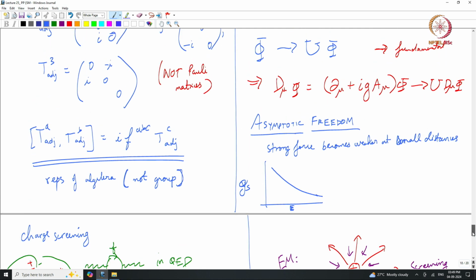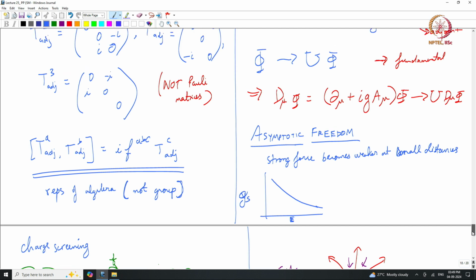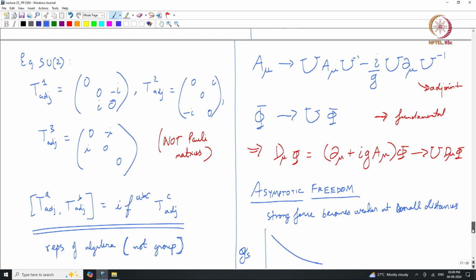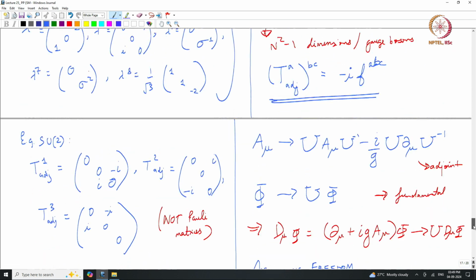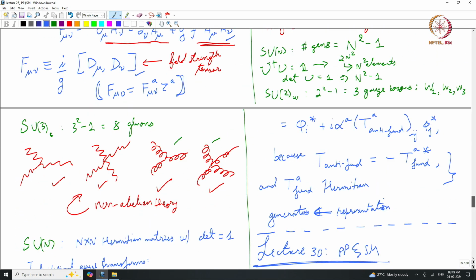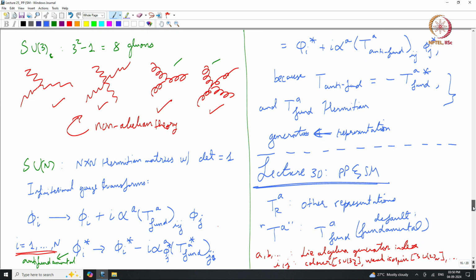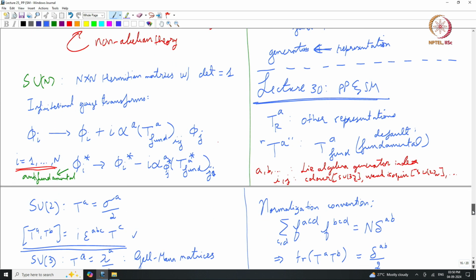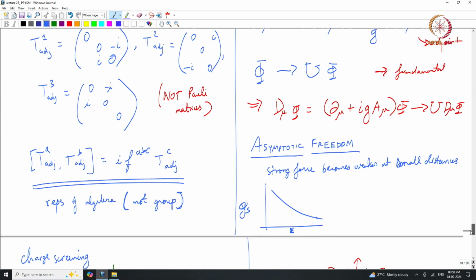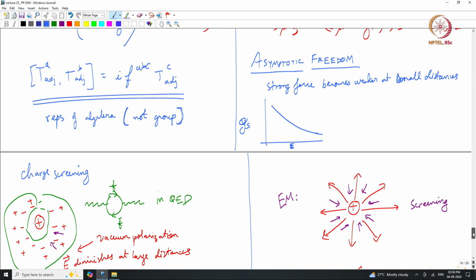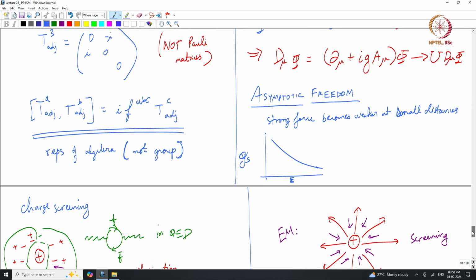And we also saw one consequence of having this entire non-abelian structure, which is that the first step of that consequence is you got vertices like these 3 gluon and 4 gluon vertices, or 3W and 4W boson vertices, and from there we saw where asymptotic freedom came from, okay, in an intuitive way.